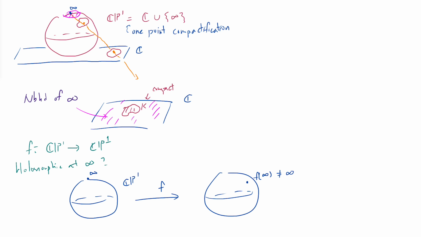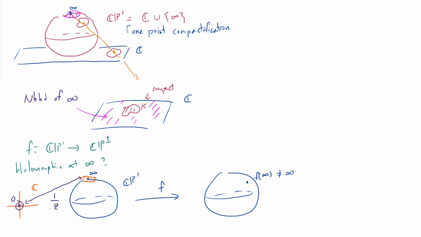And how you can think about the differentiability of this function is you can correspond this neighborhood at infinity with a neighborhood of 0. So if you consider this to be a complex plane C, and 0 is right here, you can think about some neighborhood near 0, and some local homeomorphism between these two open sets by just the map 1 over z.